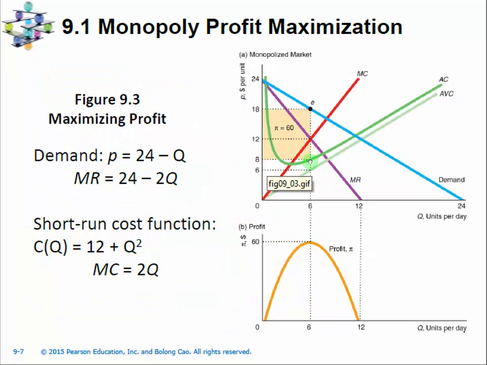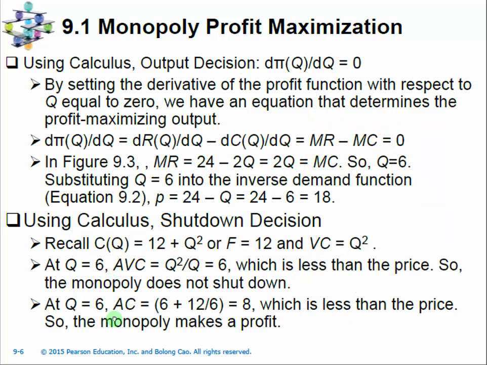Now let's look at whether the monopolist is making a profit. For the profit, we need to look at the average cost. That will include the fixed cost. So the average cost is the total cost divided by Q. That is the fixed cost $12 divided by Q plus the average variable cost, which is 6 for 6 units of output.